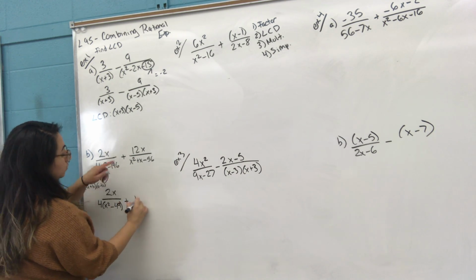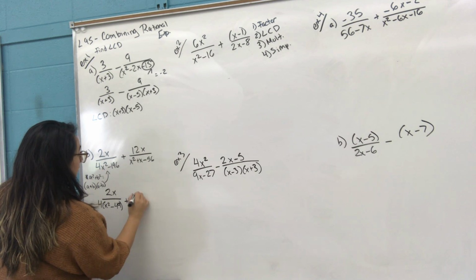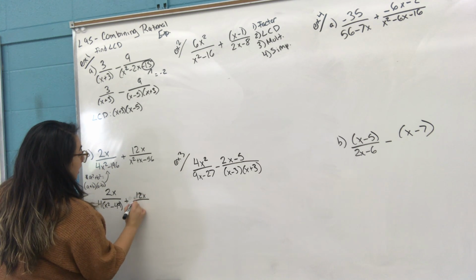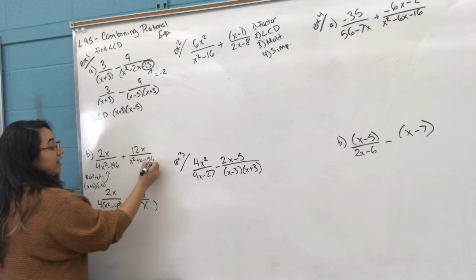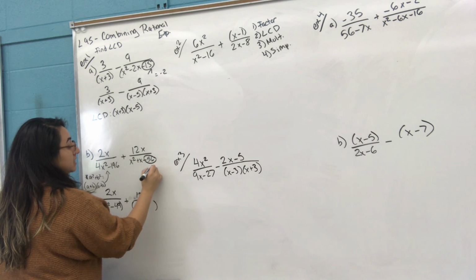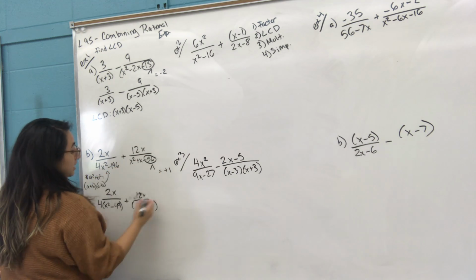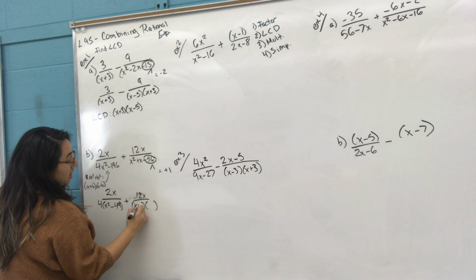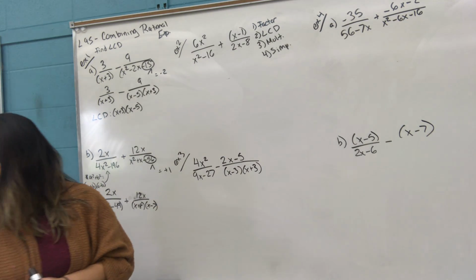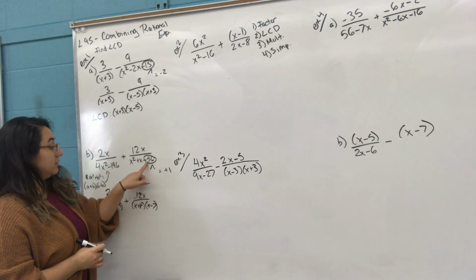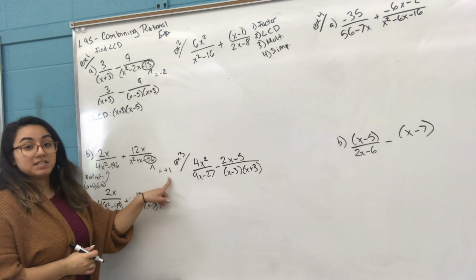And it says plus 12x over, and it looks like that denominator can also be factored. Factors of negative 56 that equal positive 1 would be plus 8 and x minus 7. Yep, if you multiply these out, you get negative 56, but if you add them, you get positive 1.